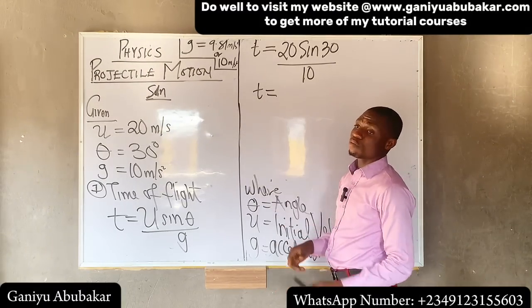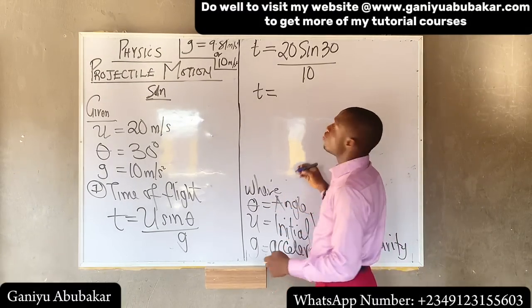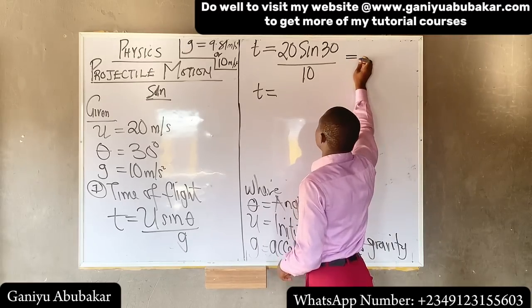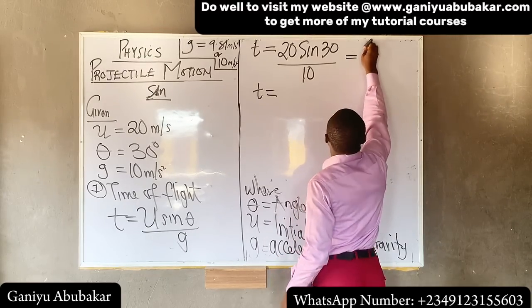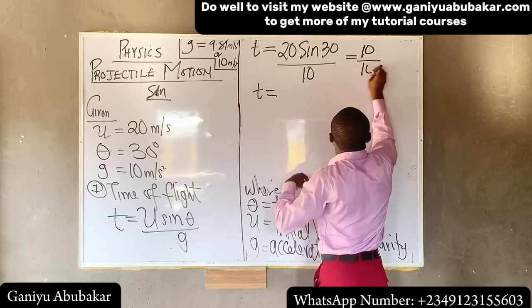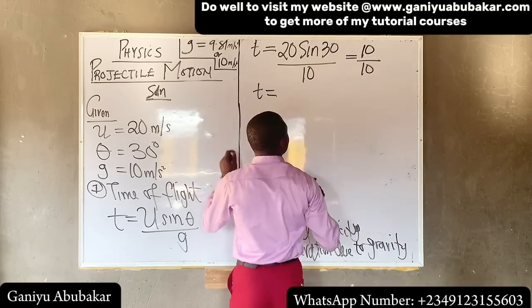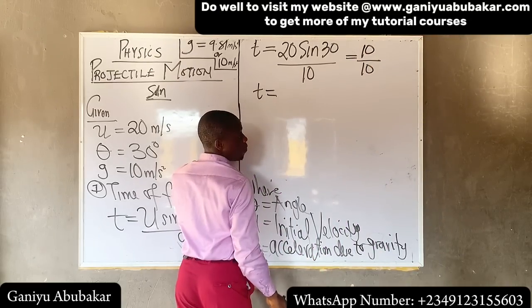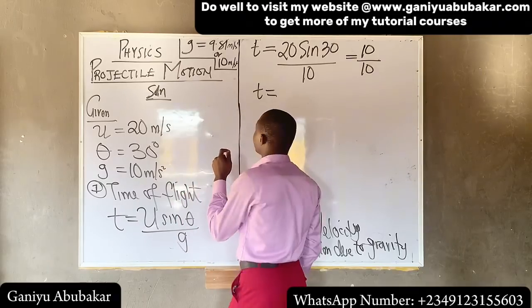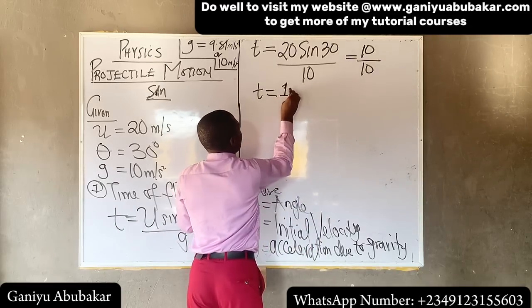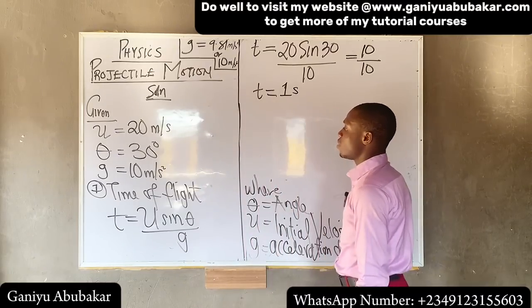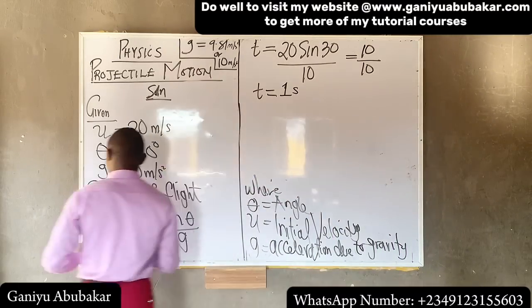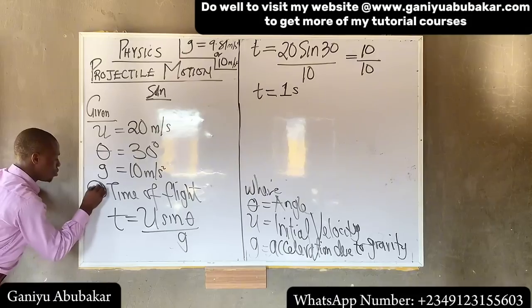Over 10. So what's my small t? One second. That's your value for small t. That's number 1.